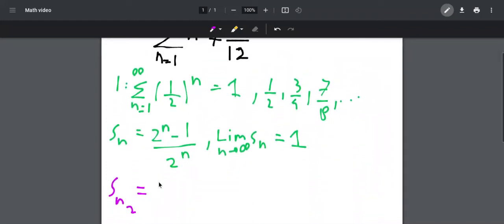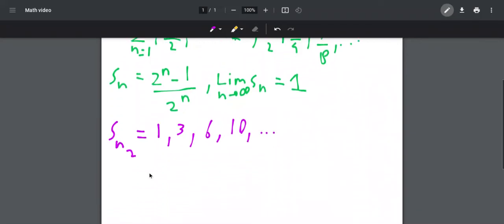So this would be 1, then the sum of 1 and 2, which is 3, then 1 plus 2 plus 3, which is 6. Then it would be 10, and it would go on forever. You can see that these are the triangular numbers, so we can write this as n squared plus n over 2.